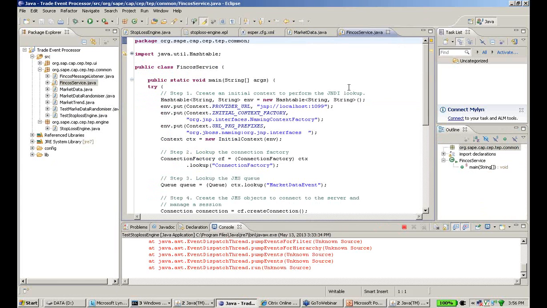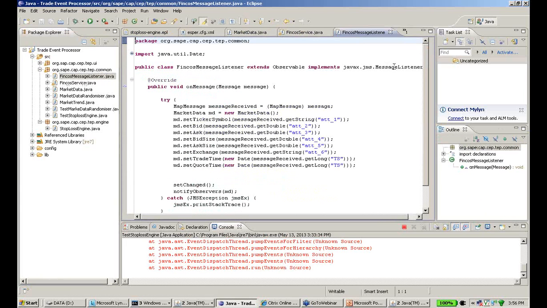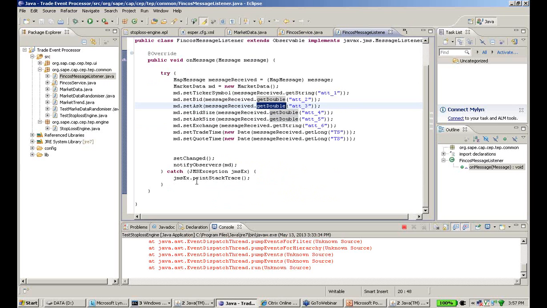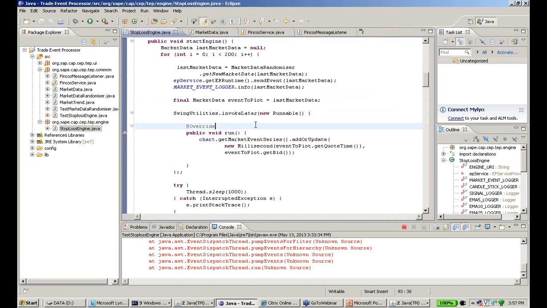FinCos service basically registers a listener, converts all the attributes coming from FinCos, and sends them over to the stop loss engine.